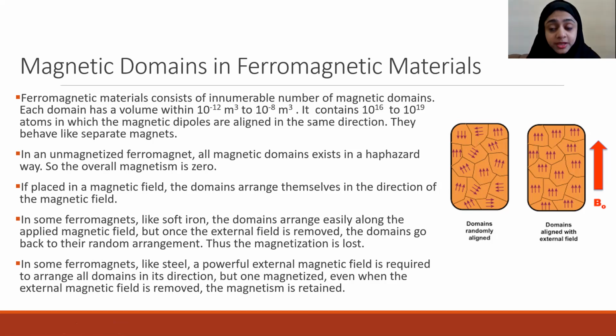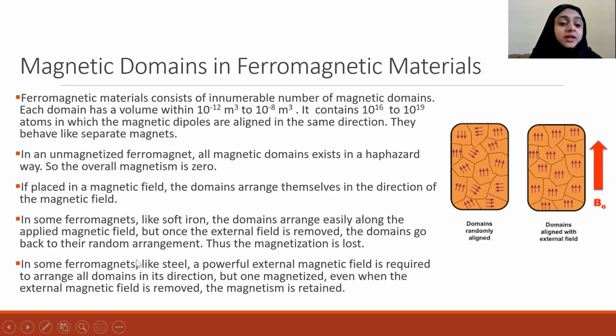Even with a small applied magnetic field, it gets magnetized. The domains get aligned in the direction of the applied magnetic field. But as soon as we remove the external magnetic field, what happens? They lose their magnetism. They go back to their original state.